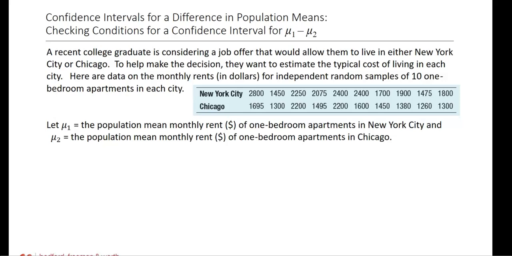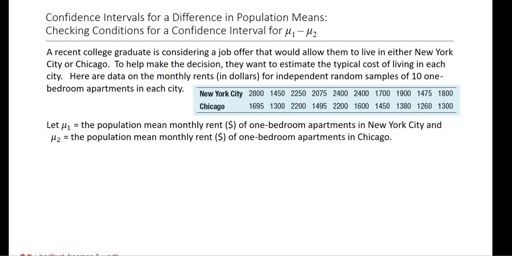Recent college graduate considering a job offer that allowed them to live in either New York or Chicago. To help make the decision, they want to estimate the typical cost of living in each city. That's smart. Here are the data on the monthly rents in dollars for independent random samples of 10 one-bedroom apartments in each city.